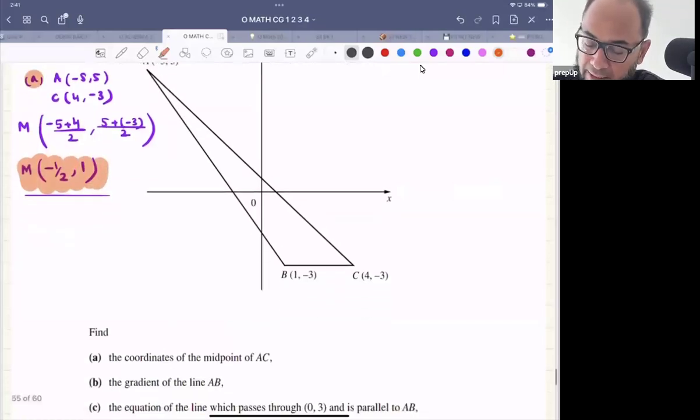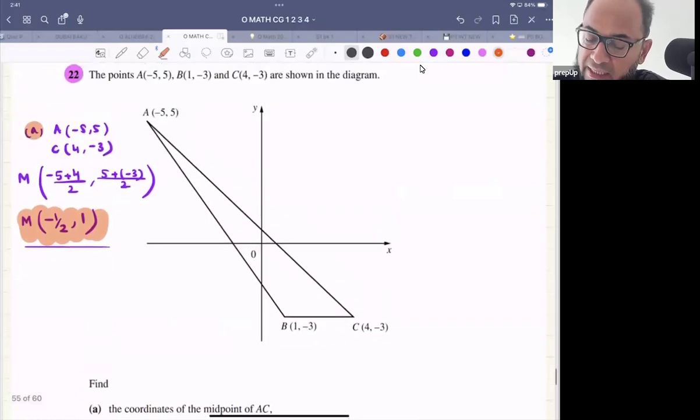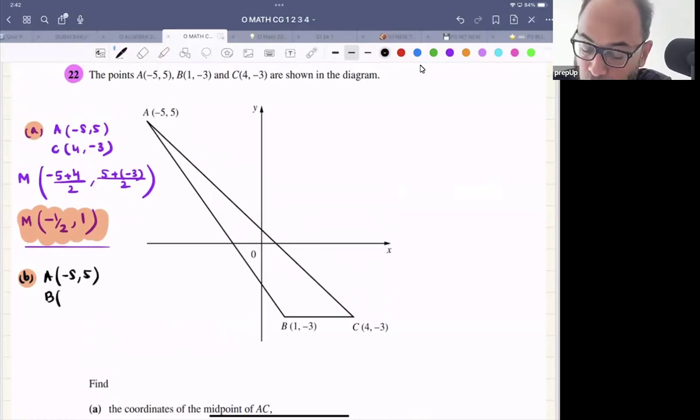This is done. Second part, the gradient of line AB. Now, if I talk about gradient of line AB, I have A, which is minus 5, 5. I have B, which is 1, negative 3. Gradient of line AB, let me draw the arrow.